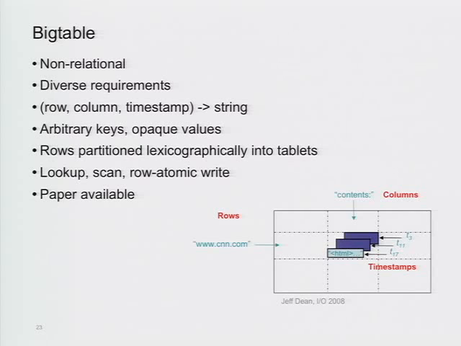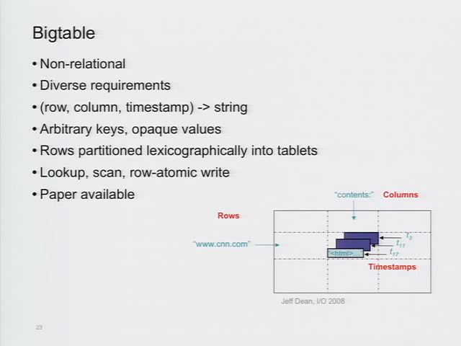It's used by lots of teams. It is not a relational database. It is sort of a row-column database. It is built to meet the diverse needs of many Google teams. But the primary examples in the papers about it tend to deal with search.